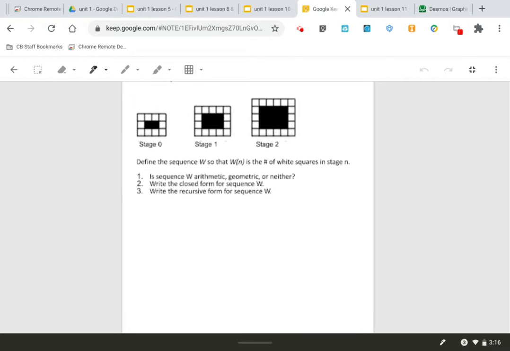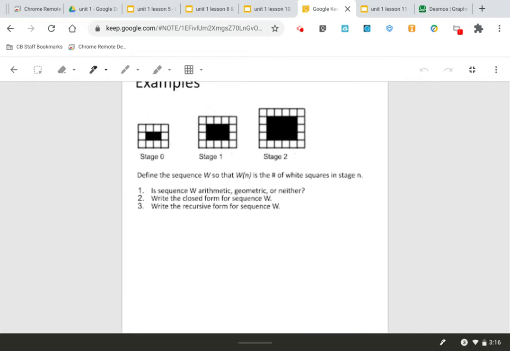So we are defining the sequence W so that W of n is the number of white squares in stage n. So let's first just count the number of squares. If we count here, starting here, we'll have 1, 2, 3, 4, 5, 6, 7, 8, 9, 10. So I'm counting 10 white squares in stage 0. Stage 1, I'm counting 1, 2, 3, 4, 5, 6, 7, 8, 9, 10, 11, 12, 13, 14.